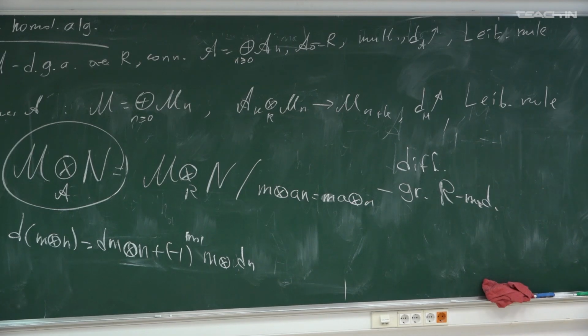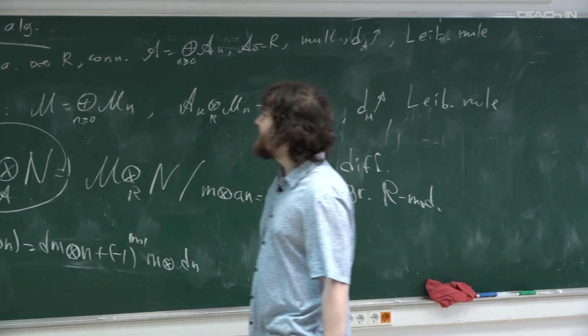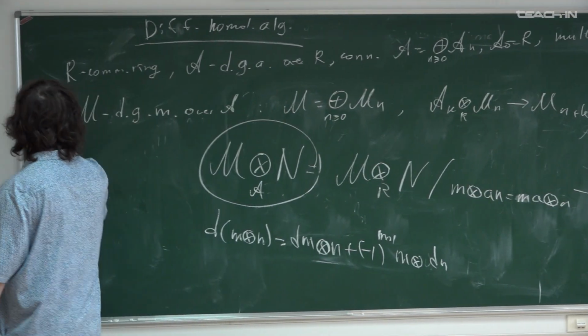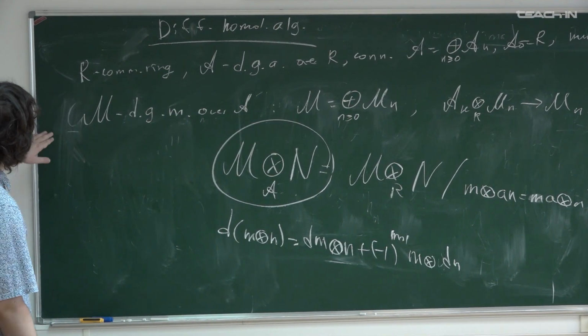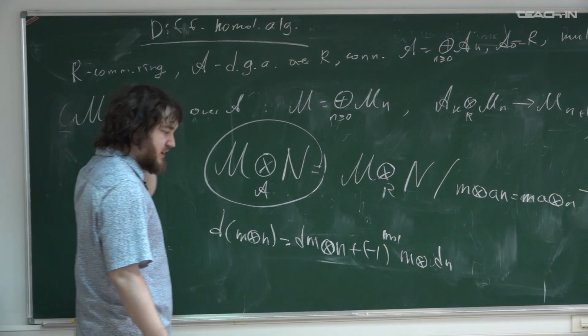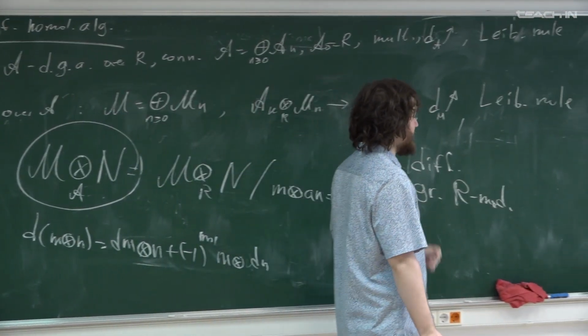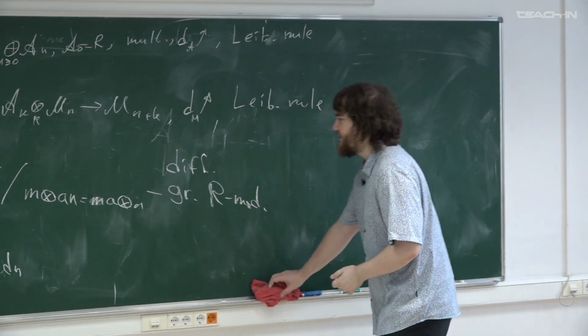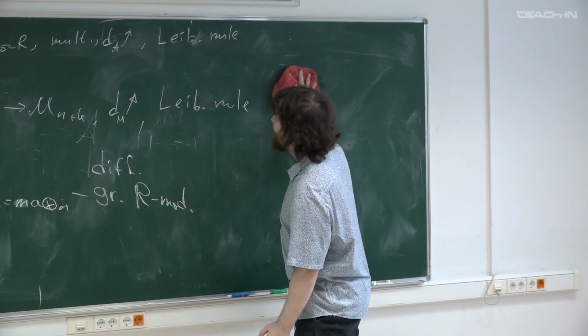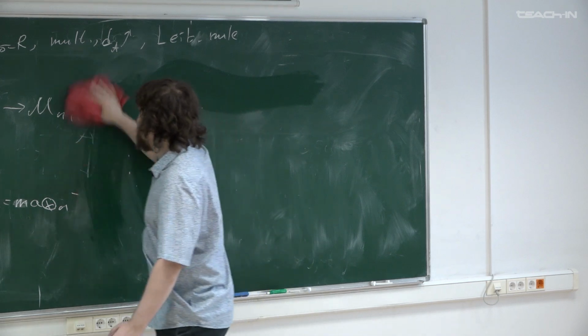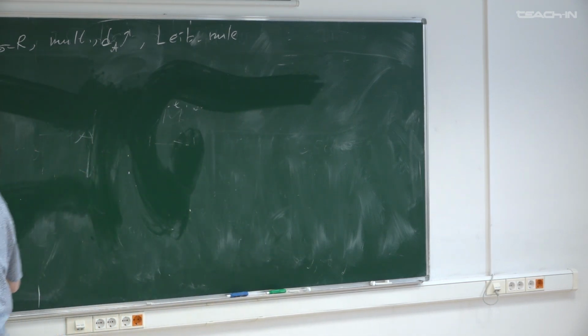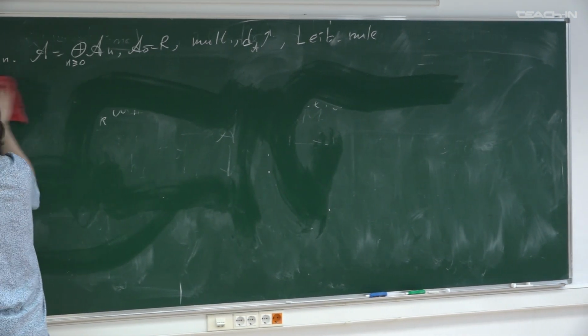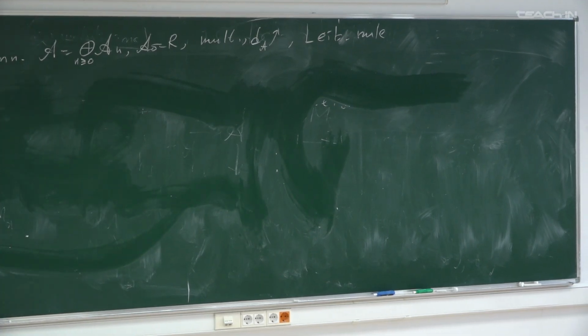But the problem here is that in this category of differential graded modules, or A modules, there are not enough projective objects. In fact, the problem is, for example, that a free module is not projective in the usual sense.